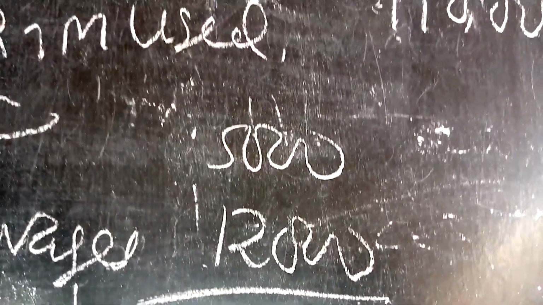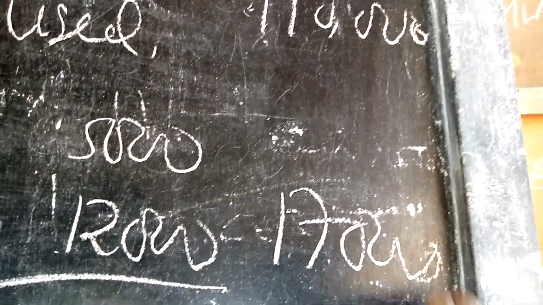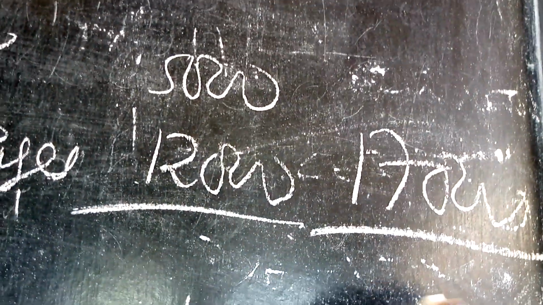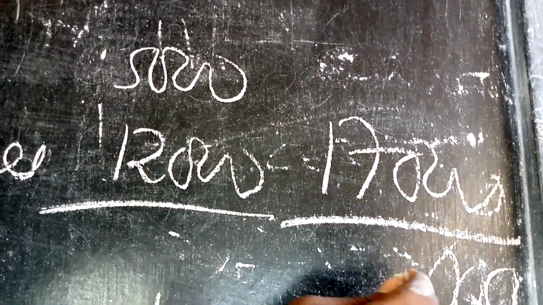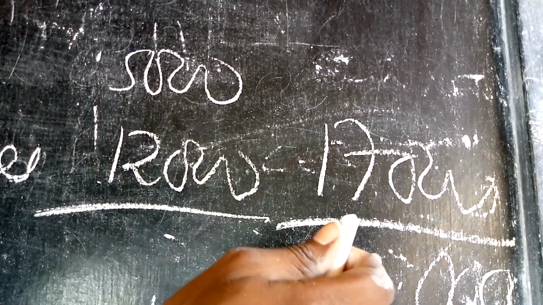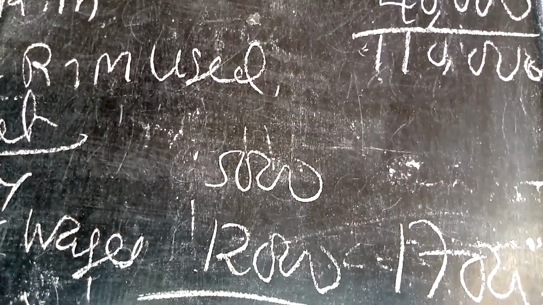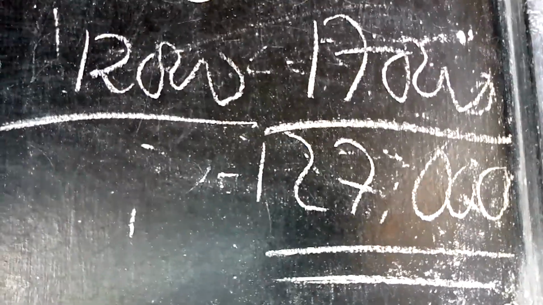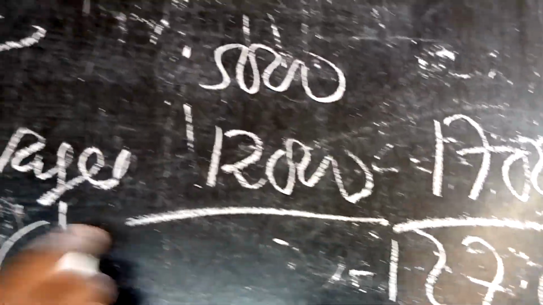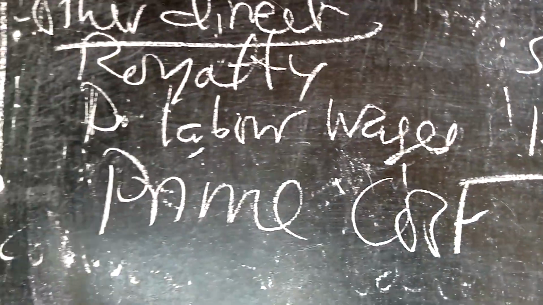So that gives us 17,000, which at the end of the day gives us an amount of 127,000 as the prime cost. So this is how we compute our prime cost when you have the data given.